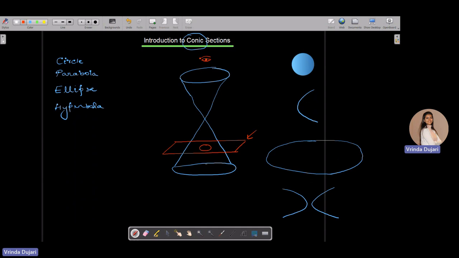If it is exactly parallel to the base, you will see a circle. I hope you can imagine it, but don't worry, we will watch a video. Then if you tilt this plane, you will get some other figure. Then if you keep it at a certain angle, you'll get some other figure. And if you keep the plane like this, then you'll get a hyperbola. So let's just watch a video.